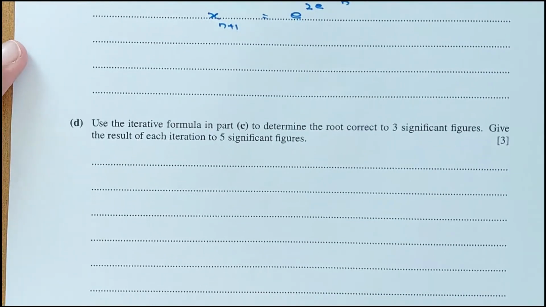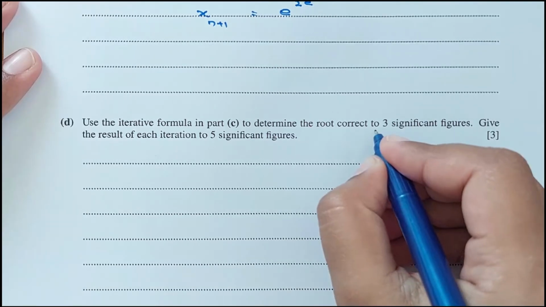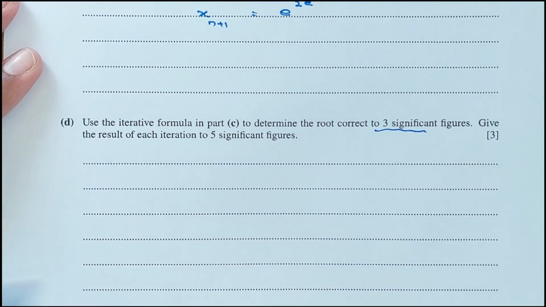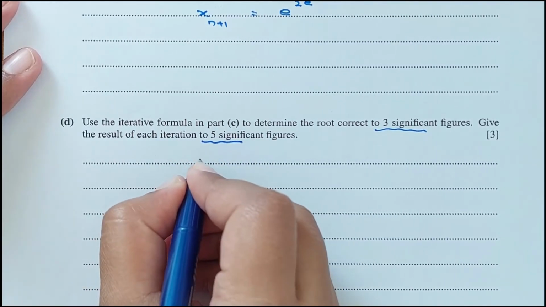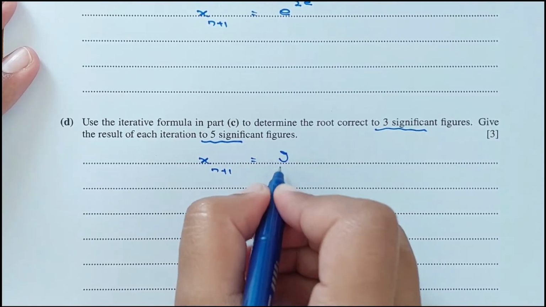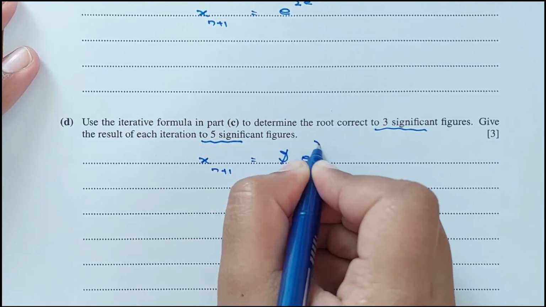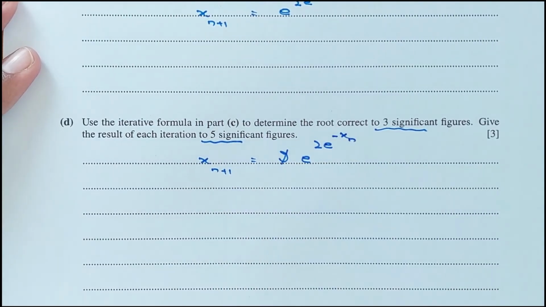It is proved. Now for part D: use the iterative formula in part C to determine the root correct to 3 significant figures, giving your result of each iteration to 5 significant figures. So we have the formula x_(n+1) equals e to the power 2 e to the power minus x_n.